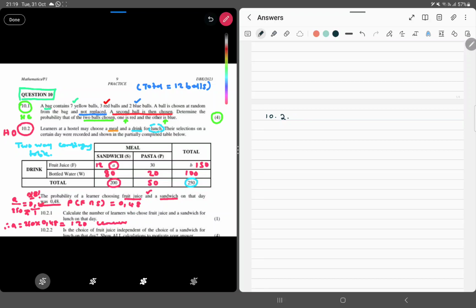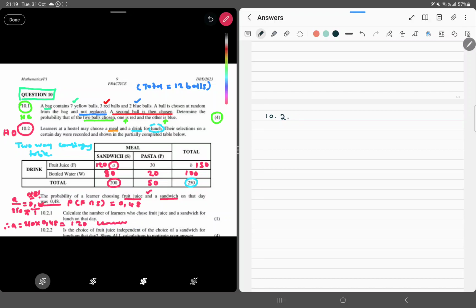So here it says calculate the number of learners who chose fruit juice and a sandwich for lunch that day. We just answered that. So it means we must find the value of A. What was the number there? We found that they are 120. But now we have to show this calculation.